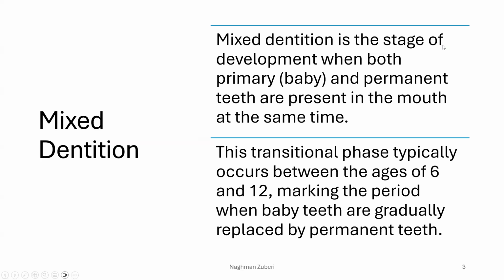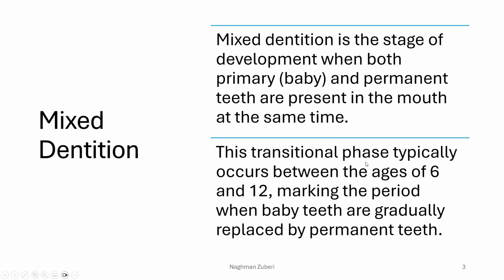Mixed dentition is the phase of development when both primary and permanent teeth are present in the mouth at the same time. And we call it early mixed dentition and late mixed dentition, depending upon the number of permanent teeth and deciduous teeth present at that time.